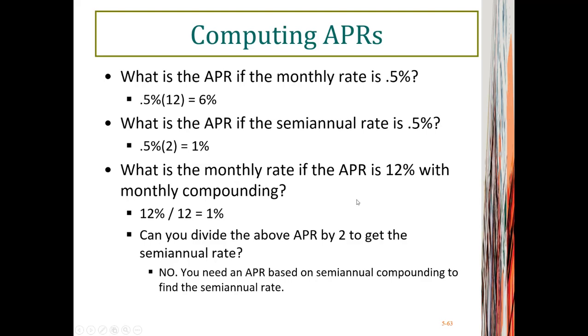And here are more issues associated with computing APR. APR can be calculated based on the monthly rate or semi-annual rate, and you simply multiply the rate by the number of months or number of semi-annual time periods.